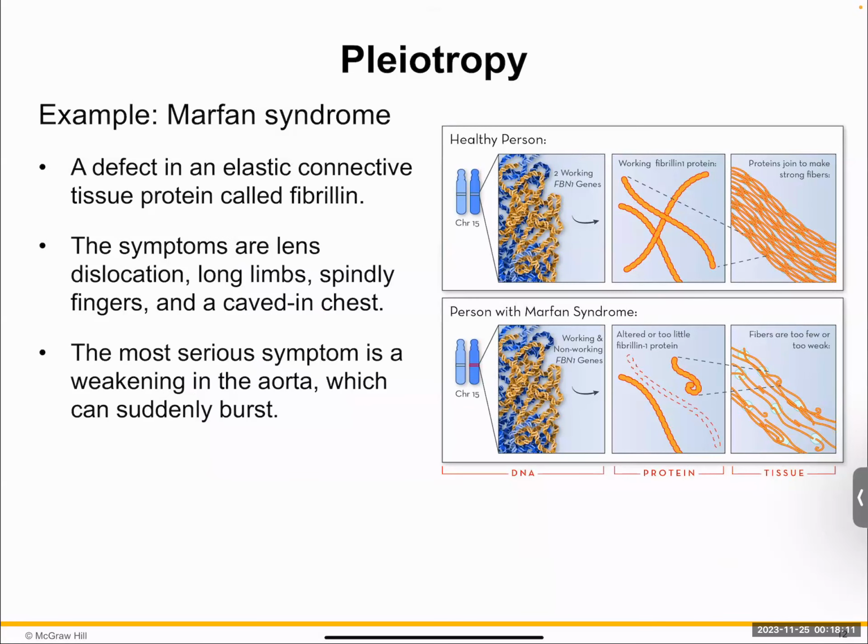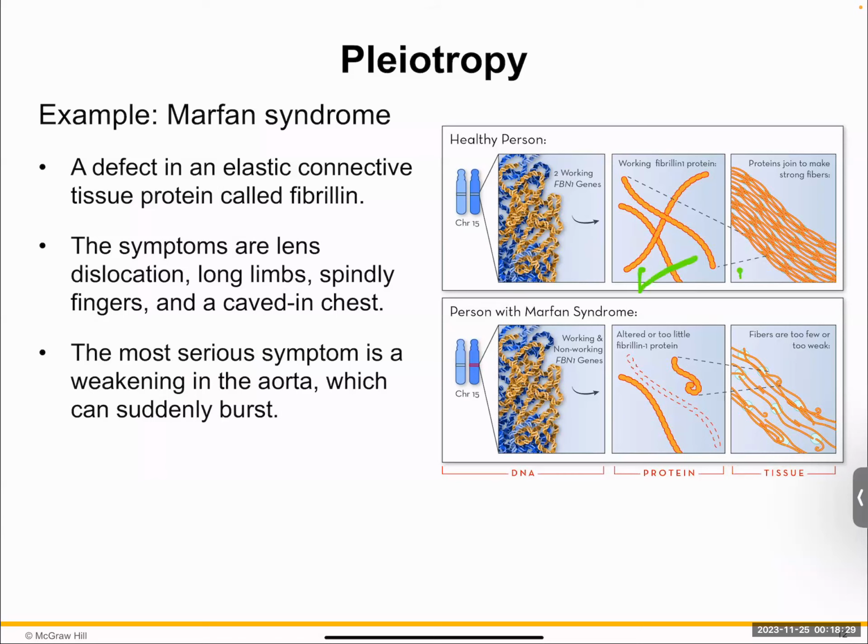Another example of this is Marfan syndrome, a medical condition where a specific elastic connective tissue called fibrillin is not forming properly. In its normal form, this is what it looks like.